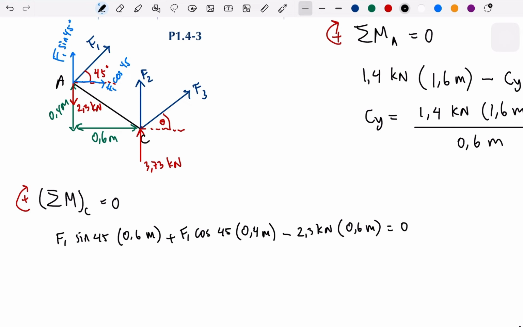Okay, so from here we should get F1, right? So this one, sine 45 and cosine 45 is the same, right? So I think it's safe to say we have this and this, which is 1, so we can ignore that. And this will be equal to 2.3 multiplied with 0.6. What is that? Let me just write here. This will be 4.